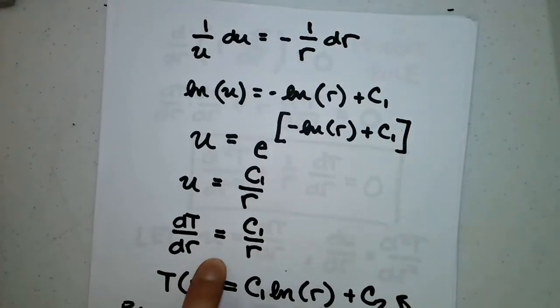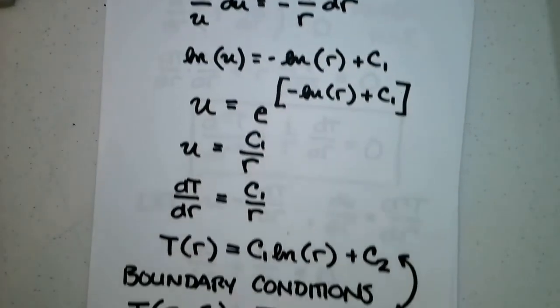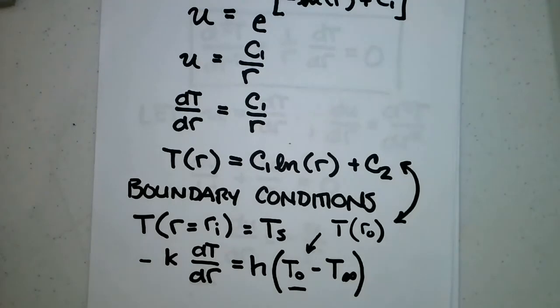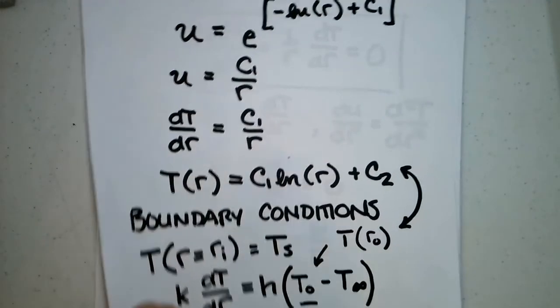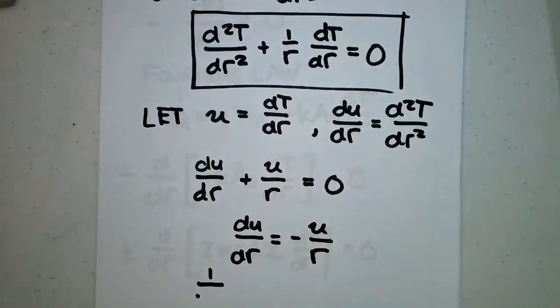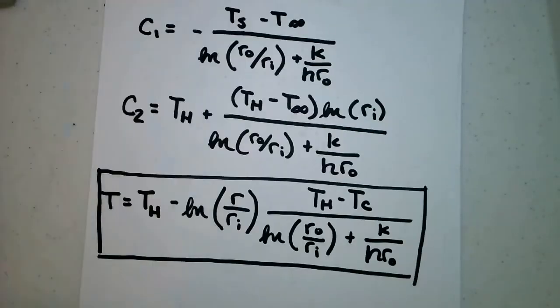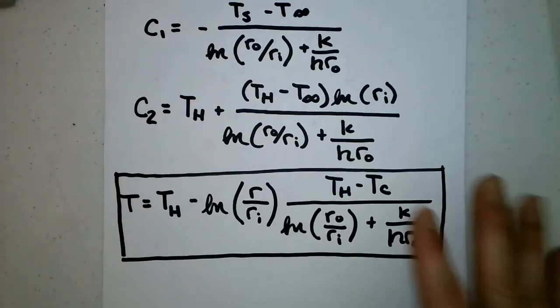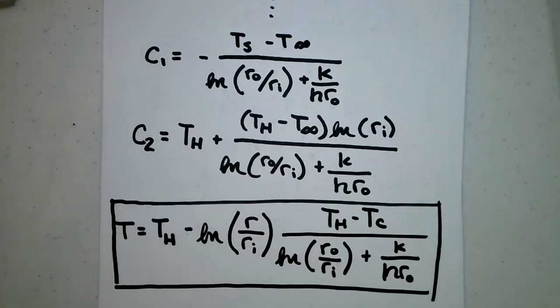And so then dT/dr is actually equal to c1 over r, and we chose some appropriate boundary conditions. We integrated that function one last time, looked at our boundary conditions, glanced at the solution to those, but then essentially were able to find C1 and C2 and the temperature profile. So that's the short recap of what we did in a much cleaner way than what we did at the very beginning.